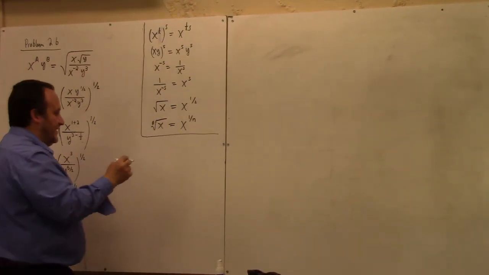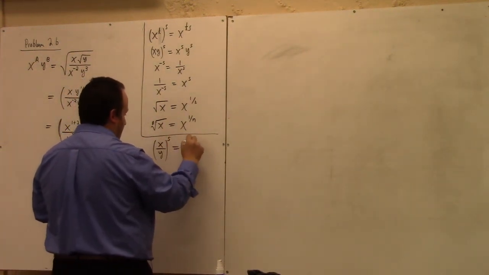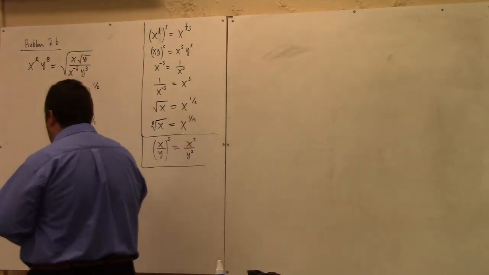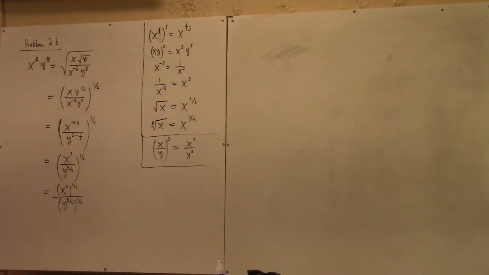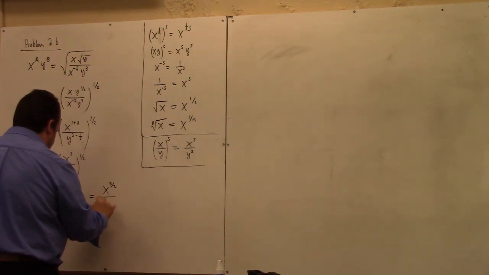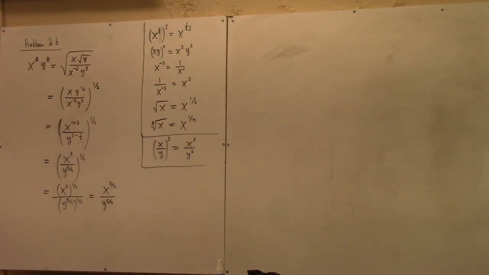So maybe that's another one I should add to the list. If we have a fraction raised to a power, it's the fraction of the powers. Maybe that'd be another good one to have on our list of things we should know. So I just used that for that fraction. So that's x to the 3 halves divided by y to the what? 5 halves times 1 half is 5 fourths, right?